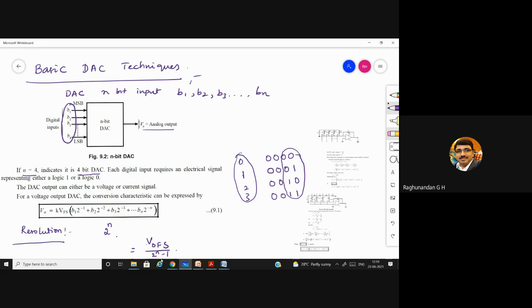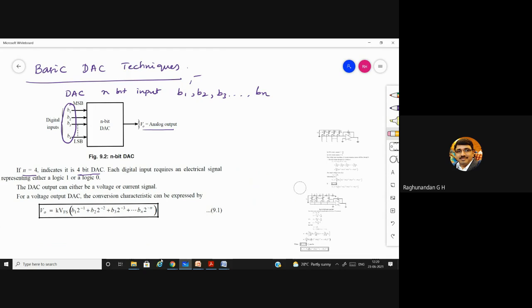You can take any example and define that. And we have one more definition, that is accuracy.